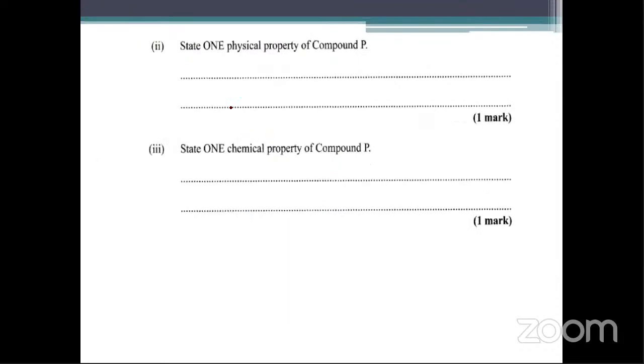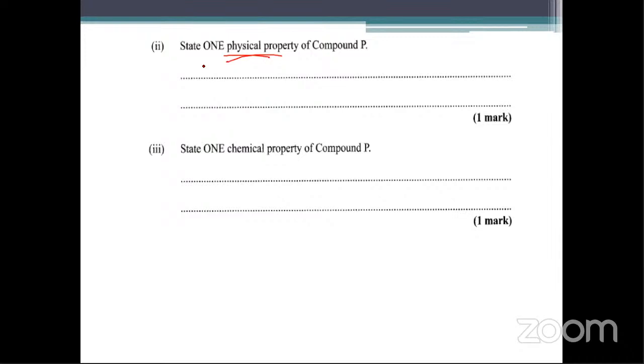All right. This says to state one physical property. Now, physical property means you're going to talk about boiling point. You're going to talk about state of matter, like if it's a gas, a liquid or a solid. You're going to talk about density. You can talk about solubility or volatility.